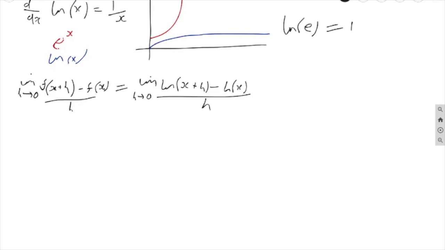Firstly, if you have a function of ln, i.e. the one on the left here, and you're minusing a function of ln from it, you can instead divide by that.